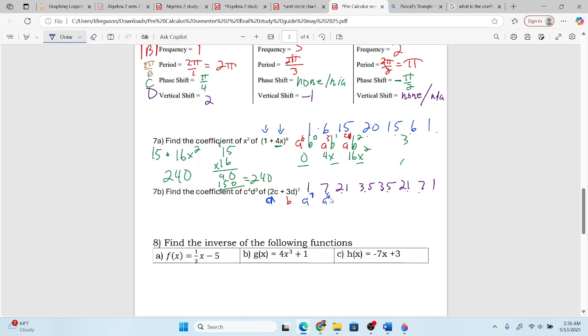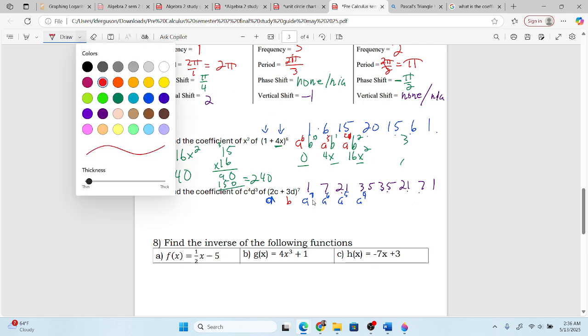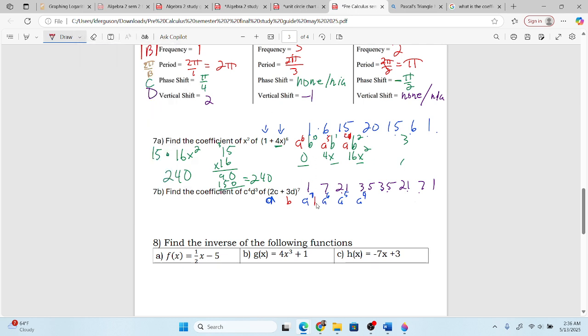This is a to the 6th power, a to the 5th power, a to the 4th power. It's looking like right here. This is b to the 0 power, b to the 1st power, b to the 2nd power, b to the 3rd power. It's looking like we're looking right here. Because see, c is going to be to the 4th power right here. And then d is going to be to the 3rd power right here.